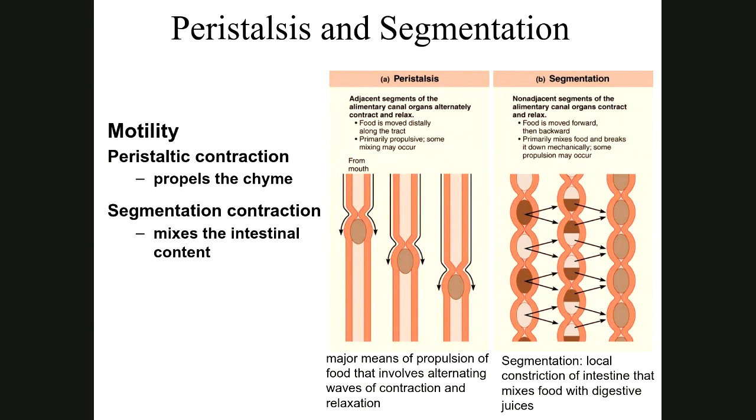Peristalsis helps to propel the chyme from the mouth, right? And it involves alternating waves of contractions and relaxation. The food is moved distally along the tract.